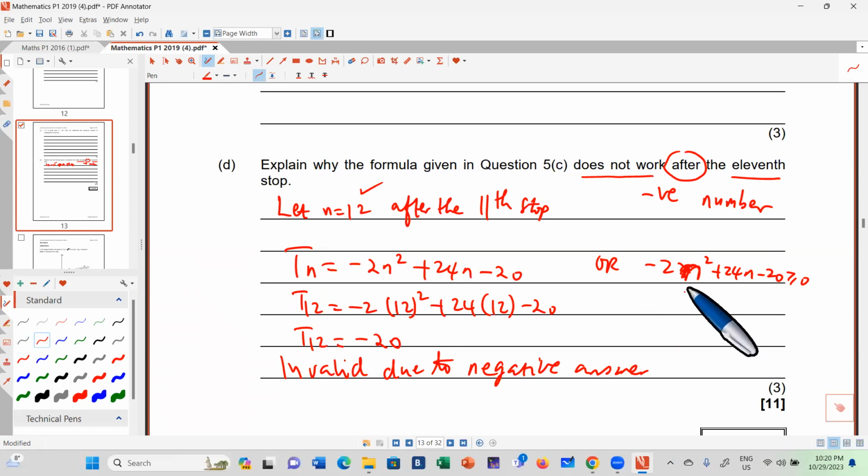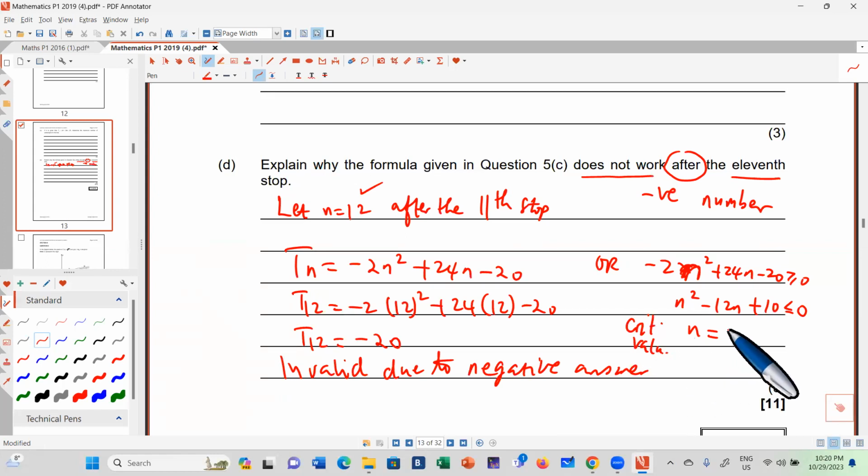You divide through by the -2, which means you have n squared minus 12n plus 10 is less or equal to 0. If you find b squared, it is 144 minus 40. It's going to have some decimal solutions. Which are the critical values?